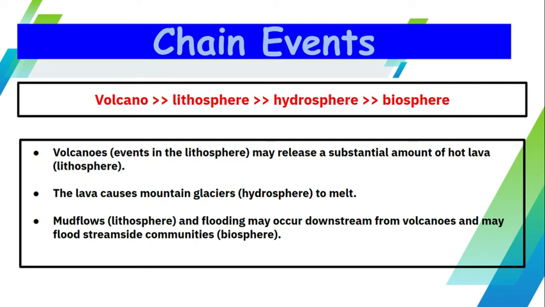Mud flows because of all this moisture in the soil. Mud flows and flooding can occur downstream from the volcanoes and may flood streamside communities, which is biosphere. So it impacts life, human life, plant life. It can affect life destructively.